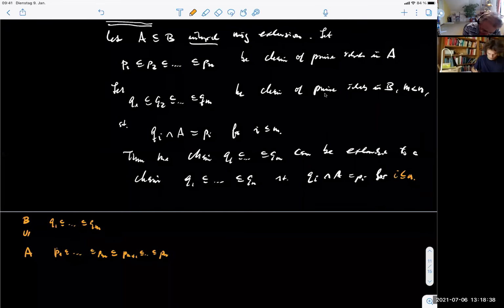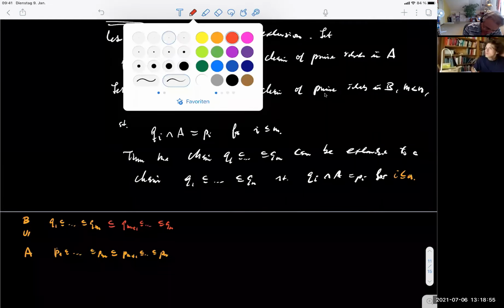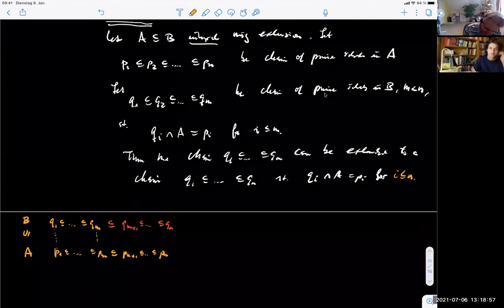And what I want, now I put this in red, I want to have these guys. And I maybe put little dots here saying that the above are extensions of, so when I contract, I get the lower stuff. Okay. This is the going up theorem. Good.